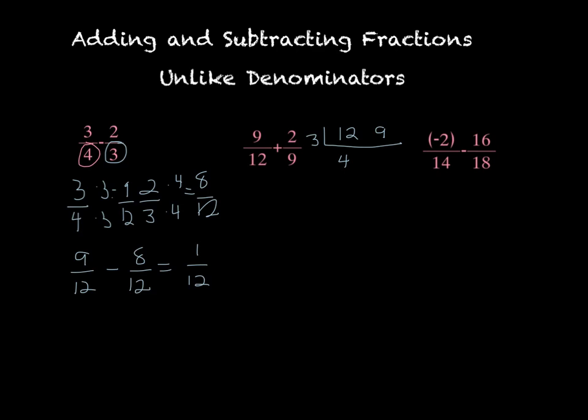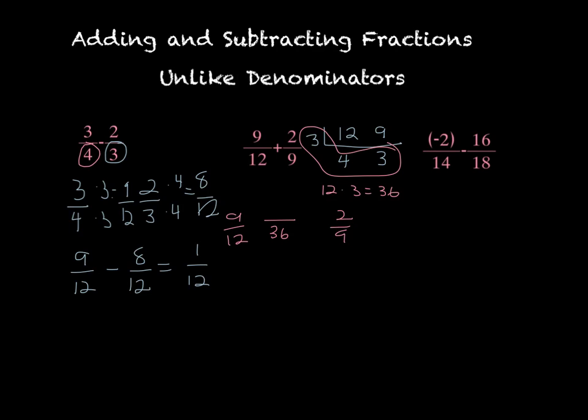So 4 and 3, we can't go any farther, so we have to make our L. So 3 times 4 is 12 times 3 is 36. So we know that our new denominator is going to be 36.